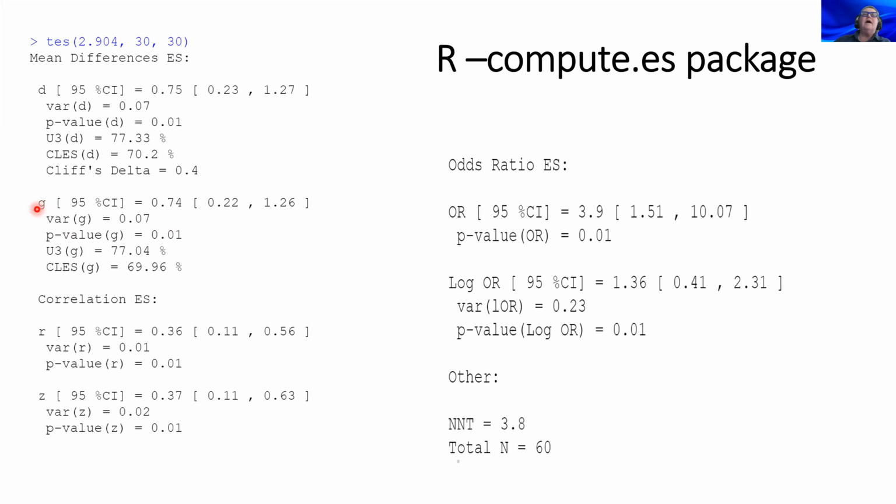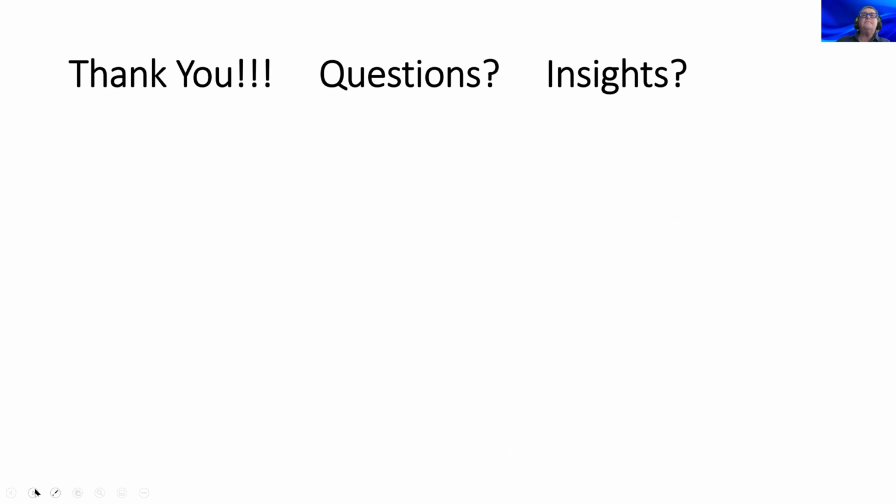You also have Hedges' g with the confidence interval, correlation effect sizes with confidence intervals, z and confidence intervals, the odds ratio, the log odds, the number needed to treat, and your total N. So you get an incredible amount of information, and it saves you a good deal of time rather than working through some other means to do transformations.